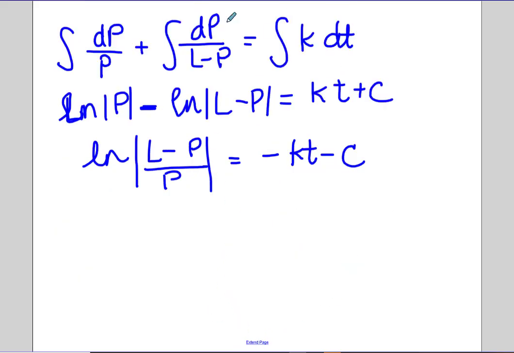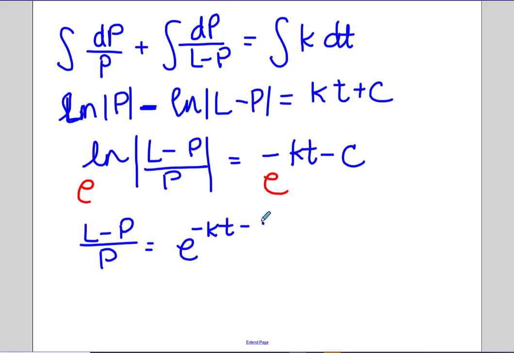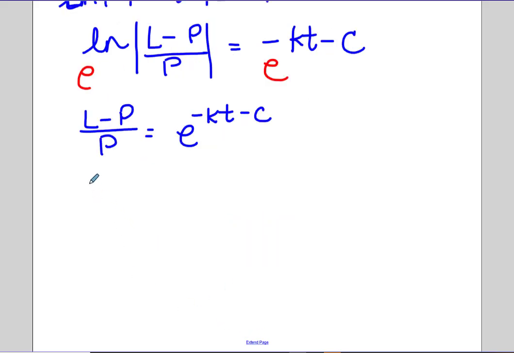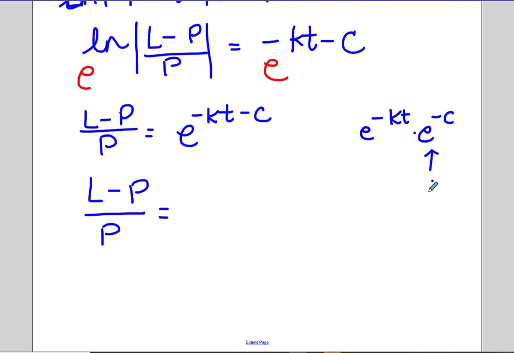So if we exponentiate both sides, we'll have L minus P divided by P is equal to e to the negative KT minus C. So L minus P divided by P is e to the negative KT times e to the negative C, and I'm going to call this capital A because it's just some other constant.